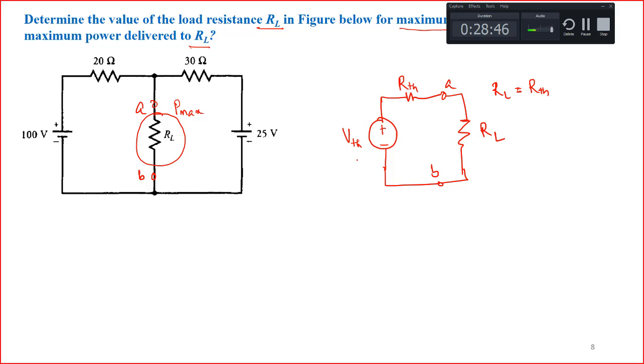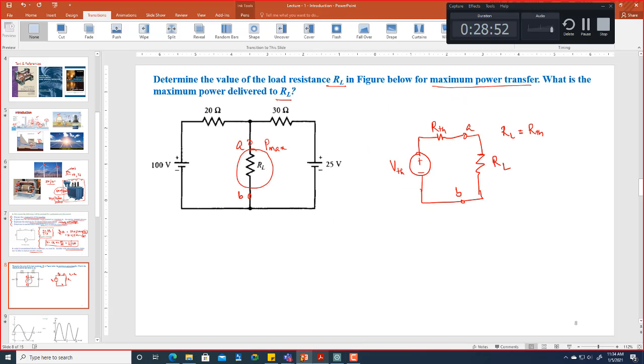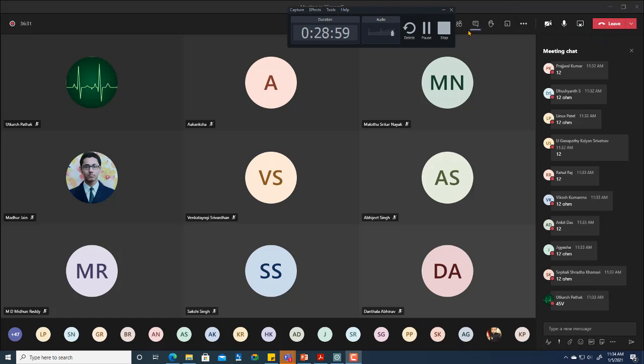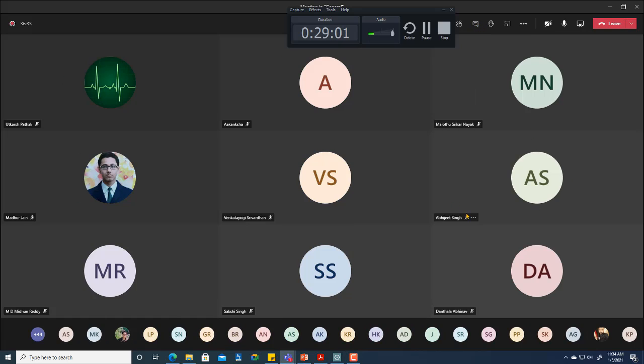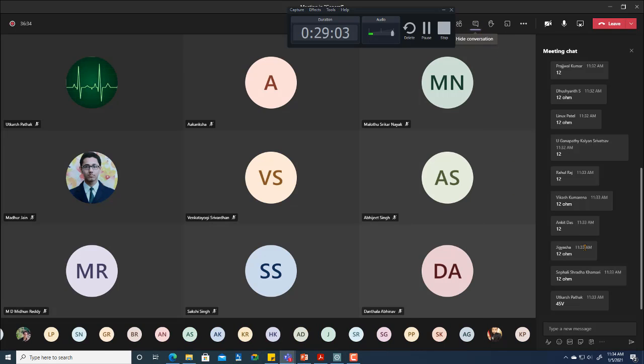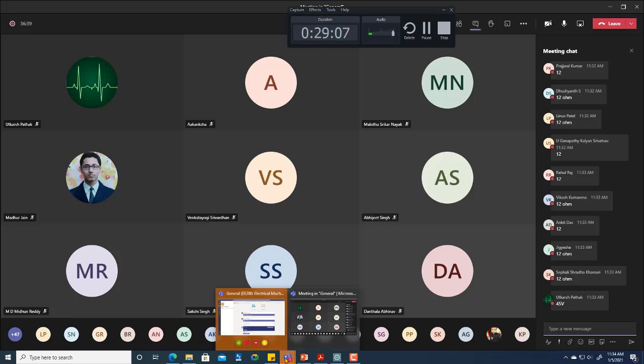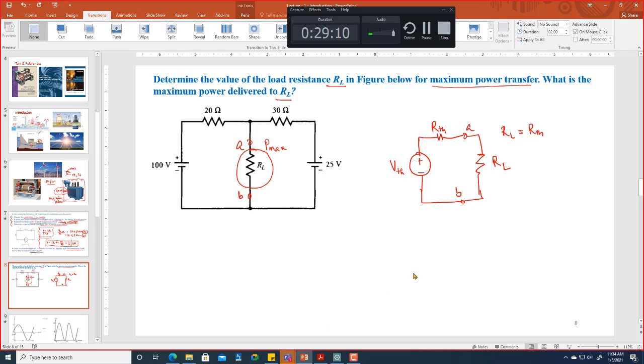So what is VTH? Can anybody tell? What is VTH? 45 volt. Okay, somebody told 45 volt. Utkarsh. Okay. So 45 volt is VTH, and RTH is also 12 ohm.